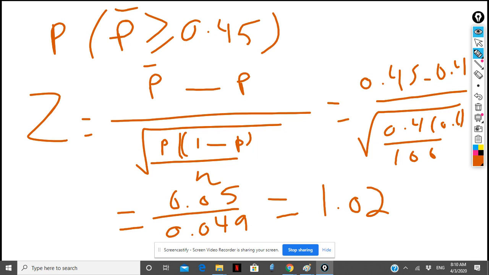So here I can use the calculator, finding shade normal by using second distribution, shade norm.